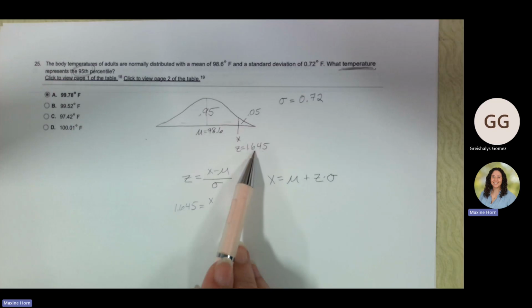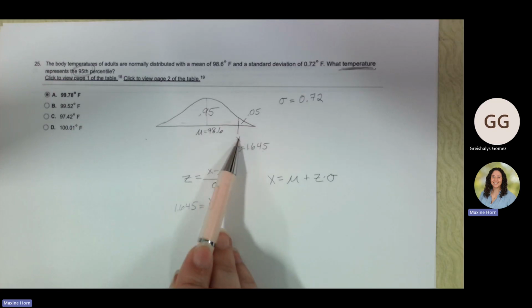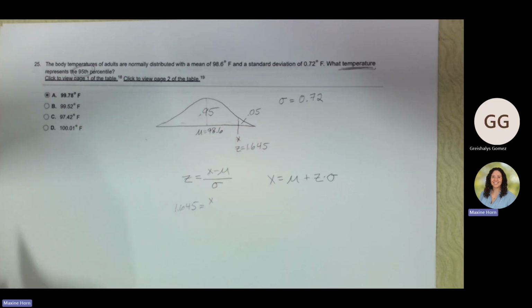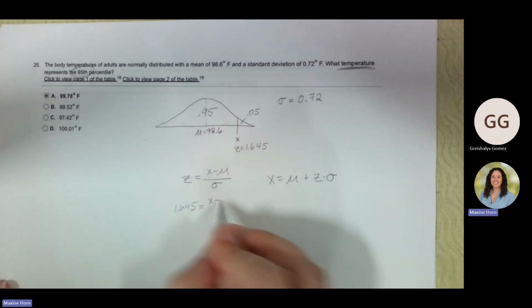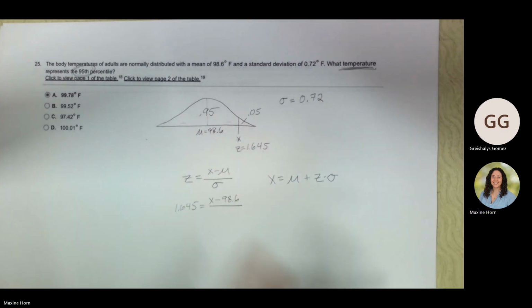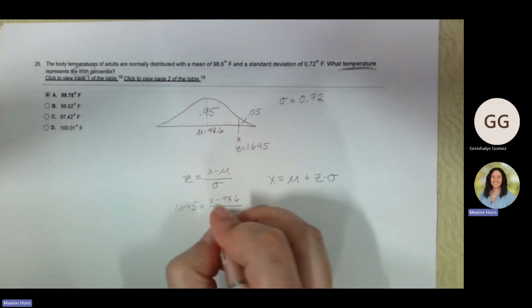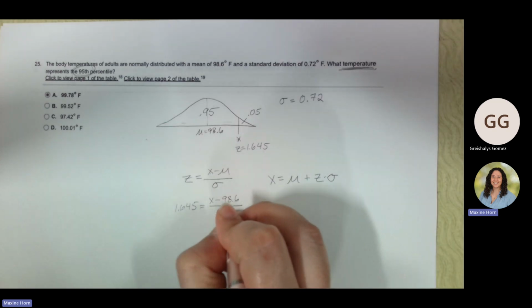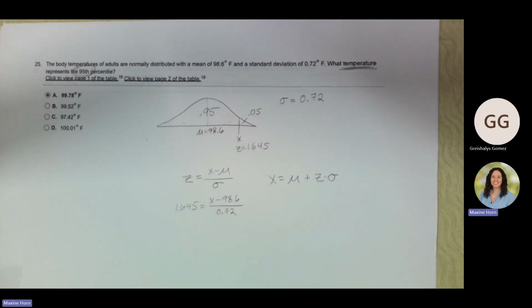The z-score is how many standard deviations that value is from your mean. Always remember the relationship between those. Okay, so what is our mean? Our mean is 98.6. And what is our standard deviation? It's 0.72. Okay, so I need to solve this equation for x.